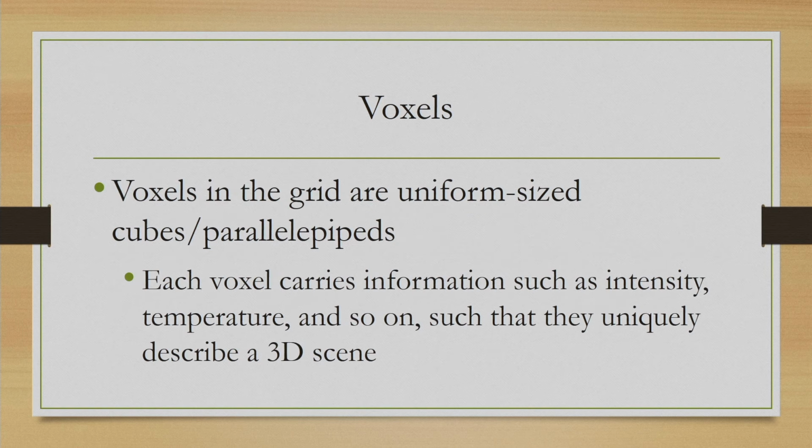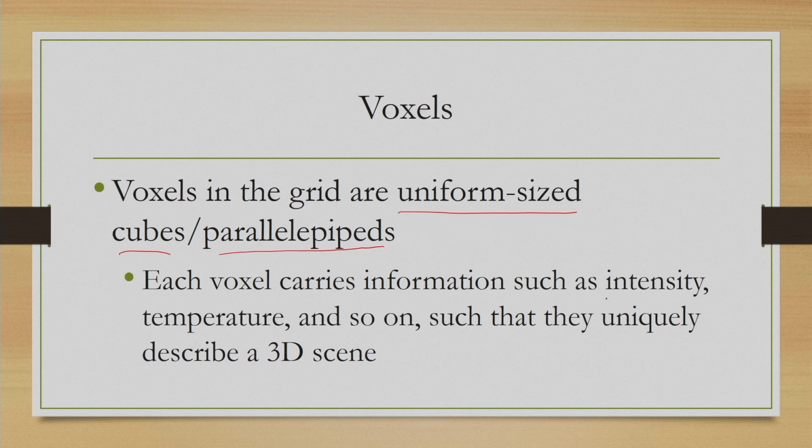Now, when we talk of voxels, we are essentially referring to typically uniform sized cubes or parallelepipeds. So, essentially a grid of uniform sized cubes or parallelepipeds, that is our voxel grid. Now, each voxel element of the grid typically carries various information.